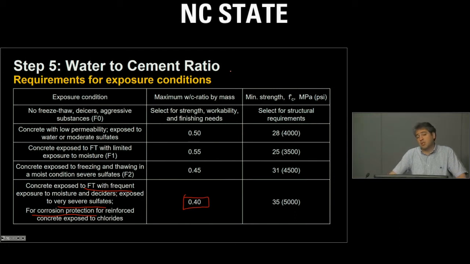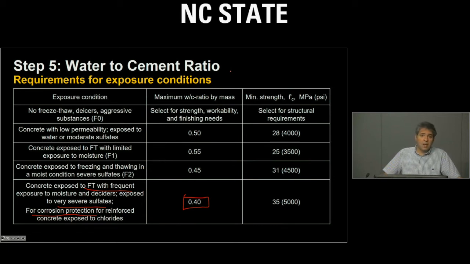You cannot use a mixture that has a higher water-to-cement ratio, even if you can meet this strength requirement. So you have to always check, after figuring out what the strength is, whether we are meeting the durability requirement for freeze and thaw and sulfates, if those are the case.